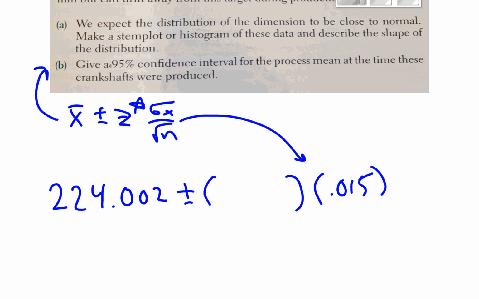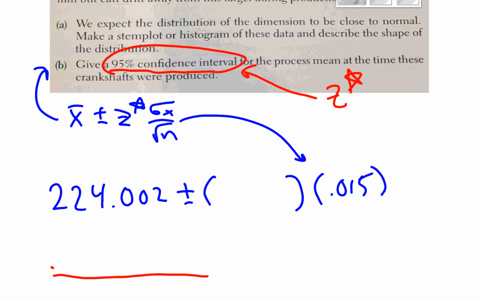All right, so the last thing left to do is figure out what Z star is, and that's always going to depend on your confidence level. It's super important. Z star always comes from the confidence level. So keep that in mind. I'm going to draw a little normal distribution here. And if we put 0.95 in the middle, because this is a 95% confidence interval, then we need to know what Z score goes here and here.